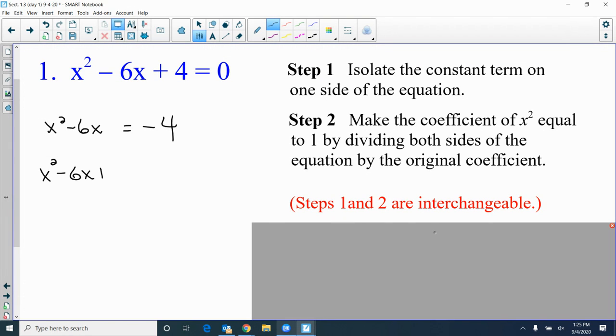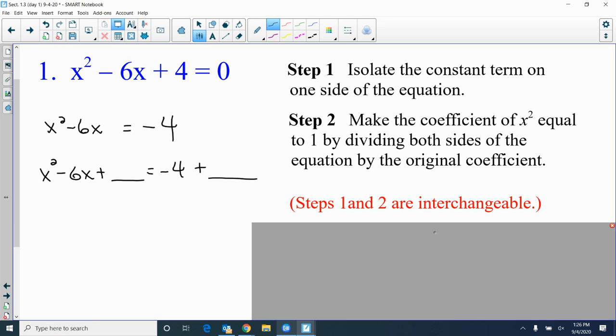I need to add a number that makes this factor into something squared. Now, there's a way to figure that number out, but does anybody know, just by looking at it, what that number would be?